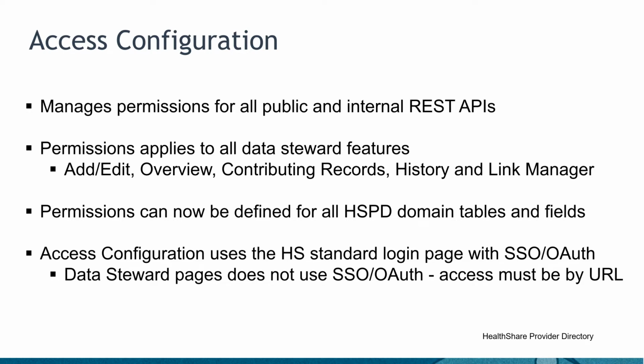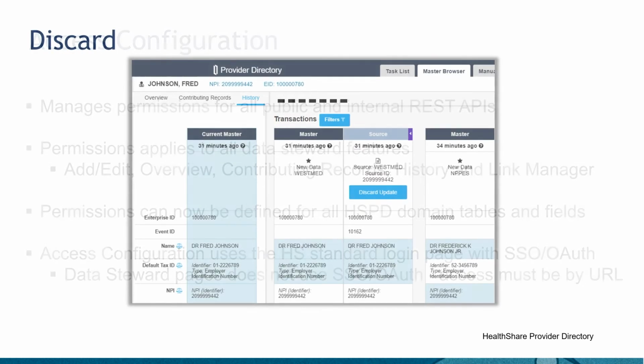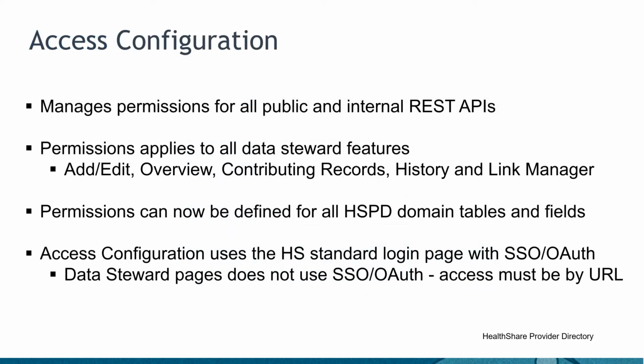Additionally, the permissions now apply to all features in provider directory. That includes the overview, contributing records, history, and link manager. Permissions can now be defined for all domain tables and fields in provider directory. This also includes data model extensions. And access configuration is using the HealthShare standard single sign-on and OAuth.